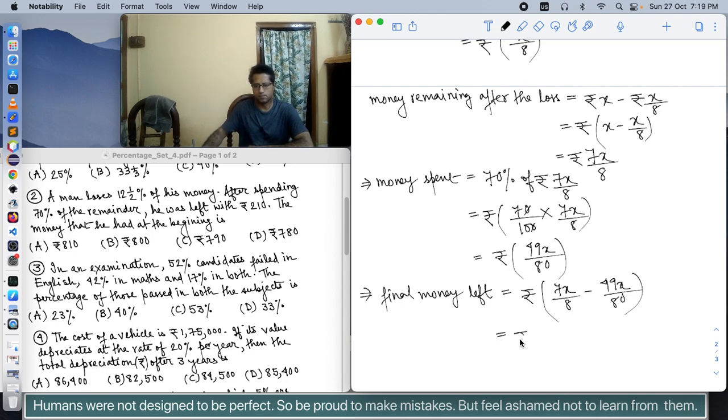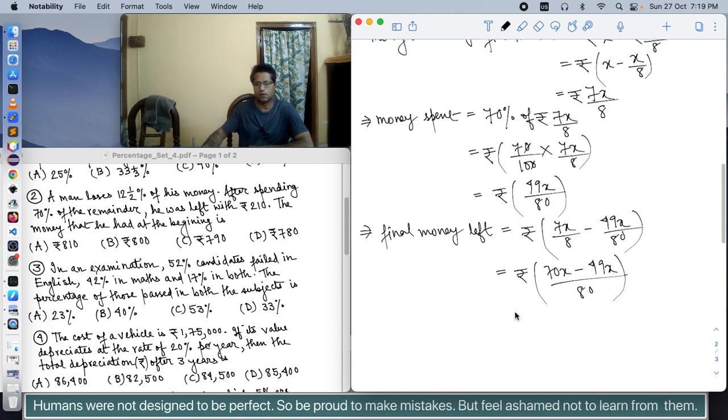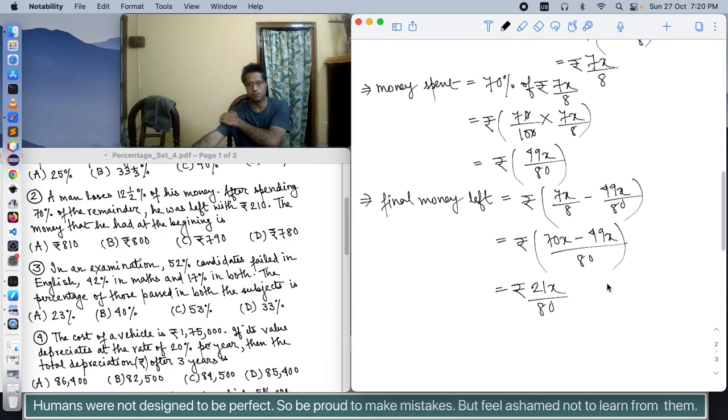This is equal to rupees 70X minus 49X divided by 80, which is rupees 21X by 80. So this is the money finally left with the man, where X is the money initially the man had as per our assumption.